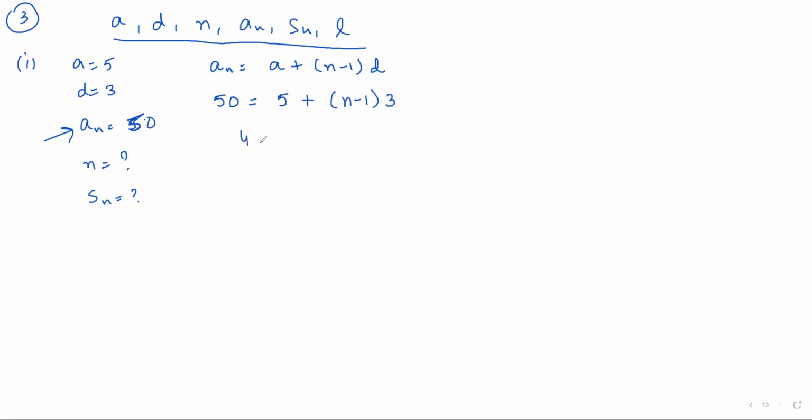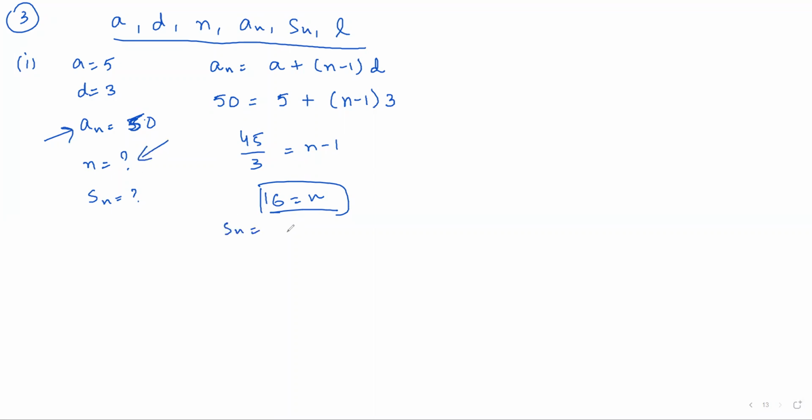50 minus 5 is 45 and divided by 3 is equal to N minus 1. Then it is 15 plus 1, 16 is equal to N, right? So you have got N from here. I'm skipping the steps. Please do it stepwise. So 16 is equal to N. Now Sn you can find.